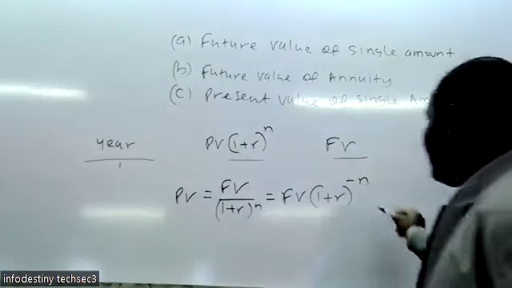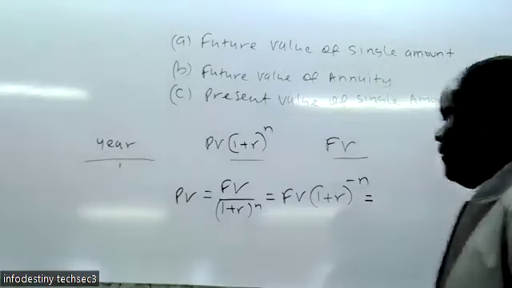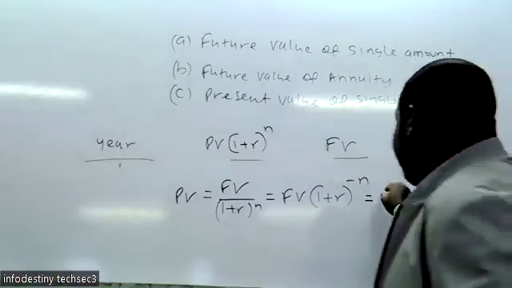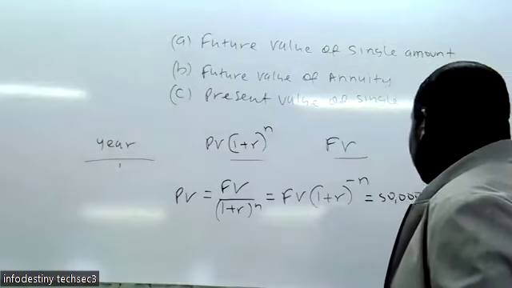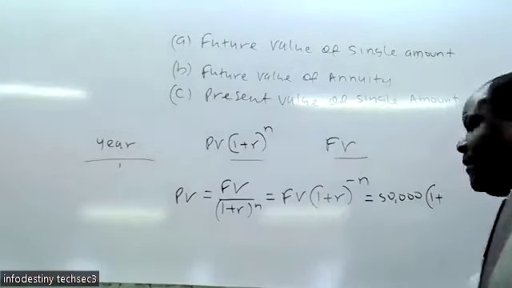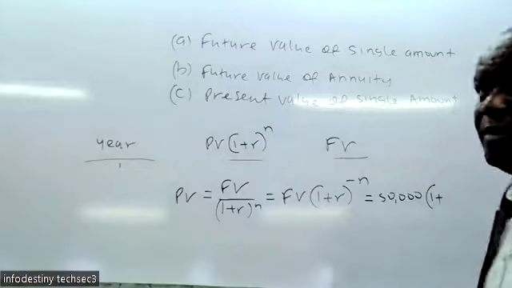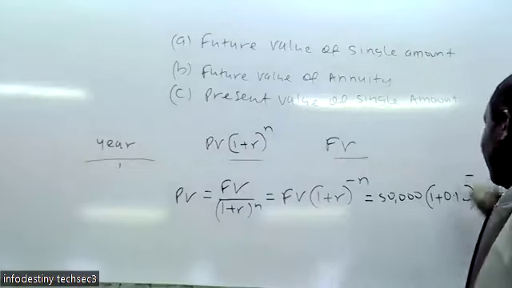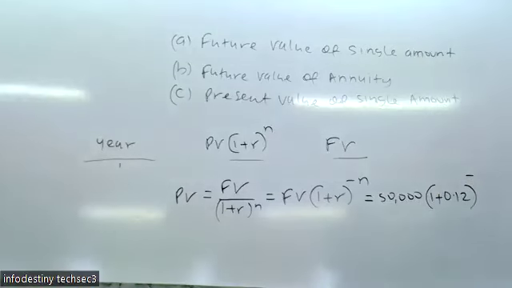So from the question I've given you, what is the future value that I've given you after 4 years? So you take the 50,000, interest rate is what percent? 12% is the same as 0.12 raised to the power of negative n. So n I've given you how many years? And I've given you 4 years.